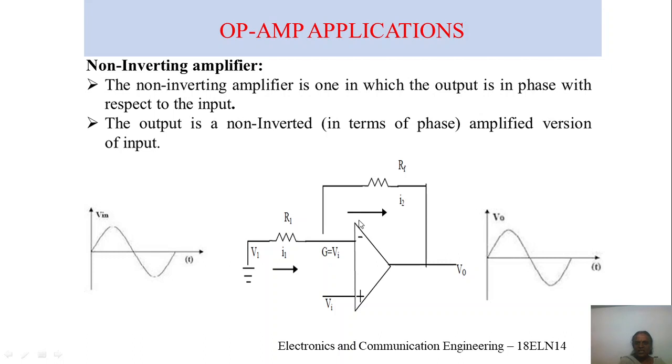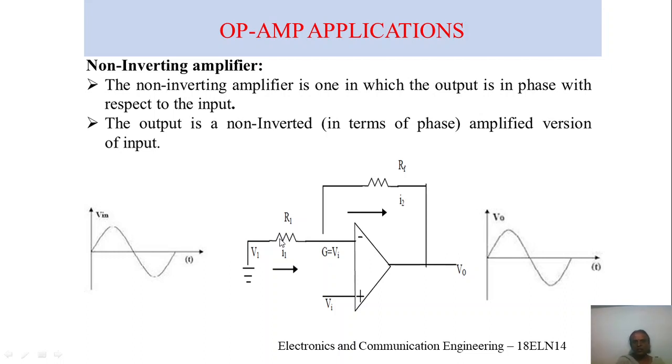Input impedance means that Rin tends towards infinity, as there is no current flowing into the input, since the input is applied only to the plus terminal. In the ideal condition, the input impedance is very high, tending to infinity, and the output impedance is very low.